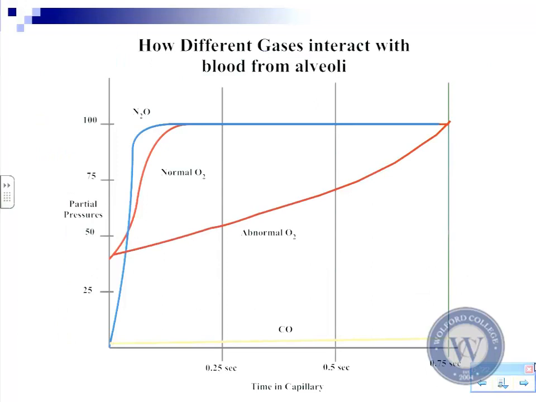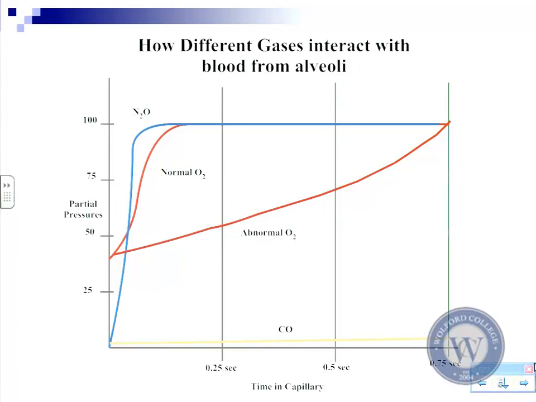So this example shows how different gases interact with our blood and the alveoli. What you're looking at here is time on the bottom, and blood flow going through the lung over time. If you look at carbon monoxide, it's almost linear. It's so rapidly taken up that it doesn't care about hemoglobin or time at all.